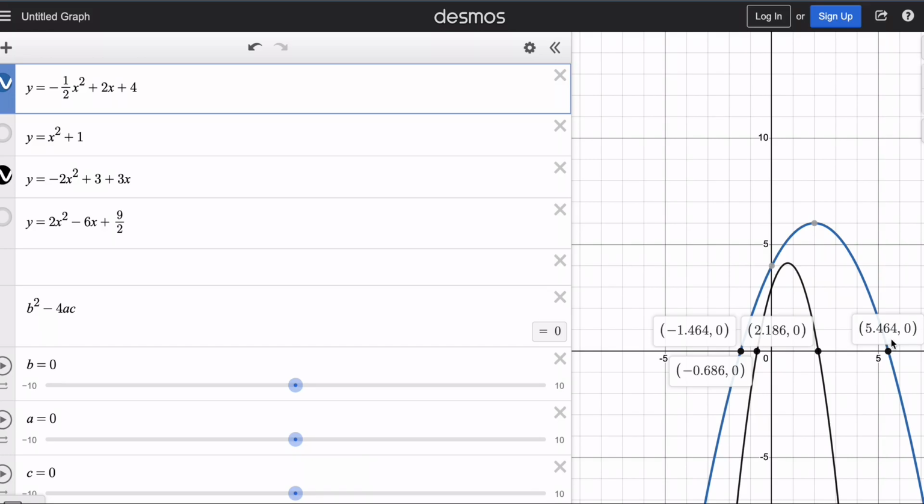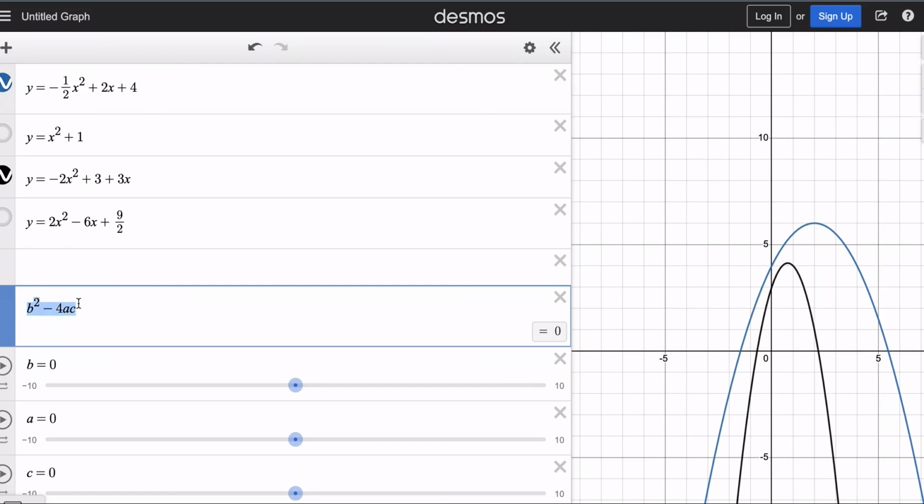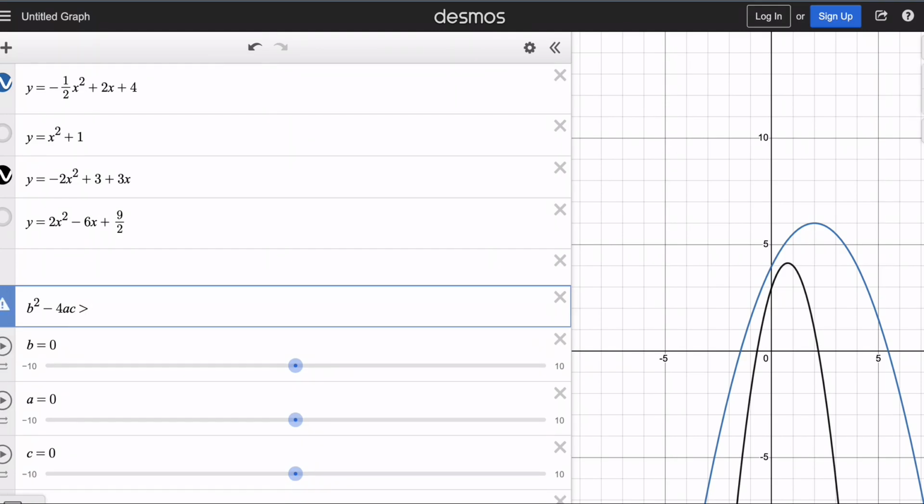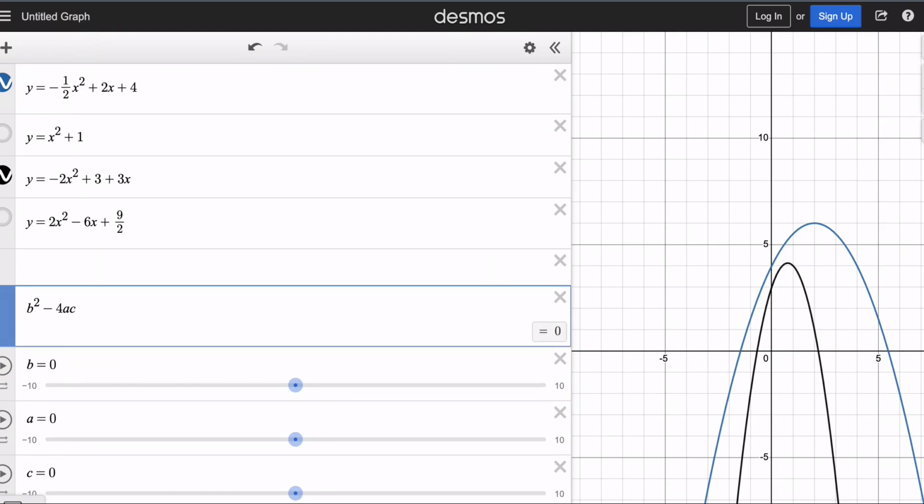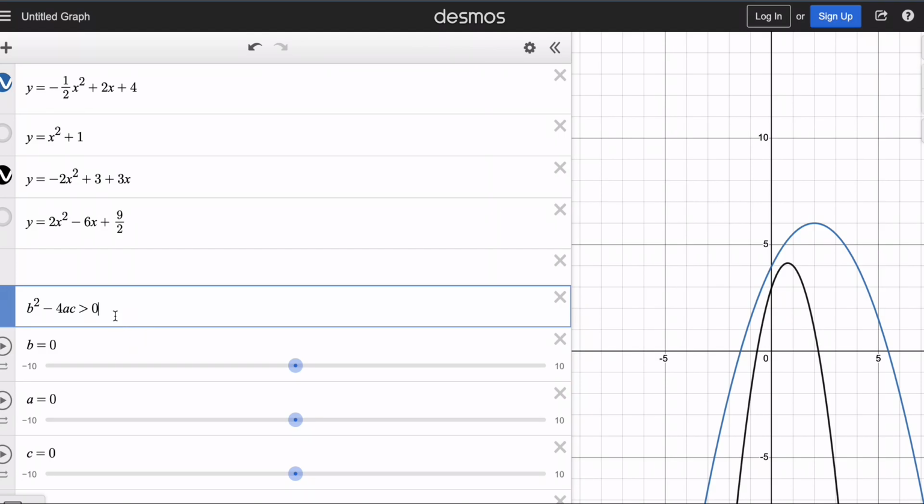So what's the common thing? It's the b squared minus 4ac here. It's always larger than 0.